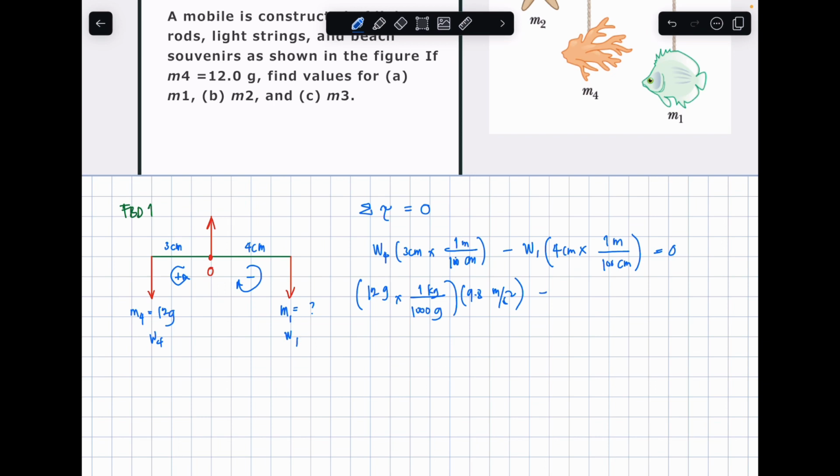And then we will be transposing W1. W1 would then be mass 1 multiplied with the gravity.